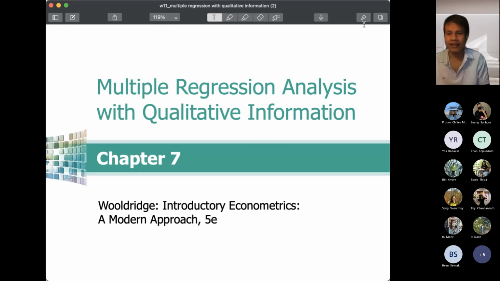But before we move on, allow me to briefly recap what you studied so far. We spent the last 4 or 5 weeks looking only at multiple linear regressions. You learned that if assumptions 1 to 4 of MLR, multiple linear regression, are met, you obtain unbiased coefficients.